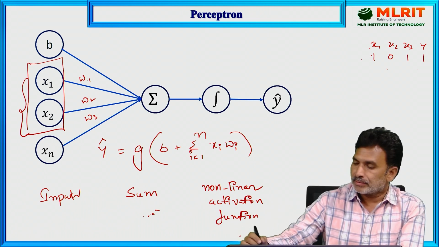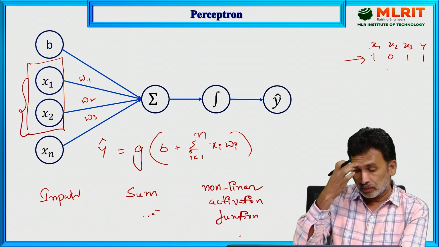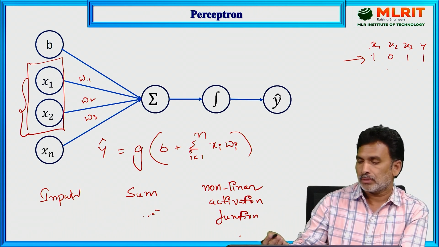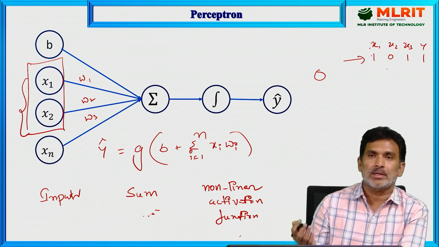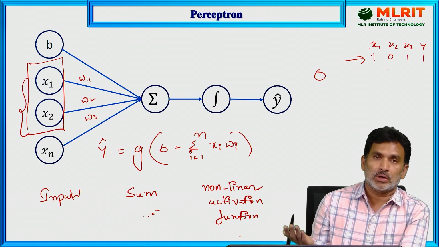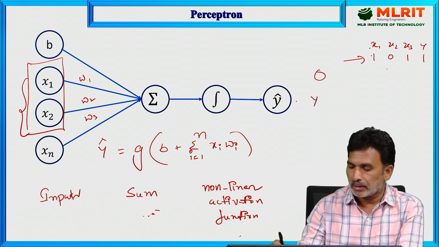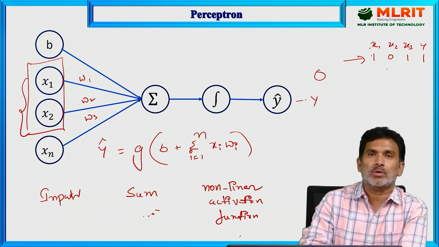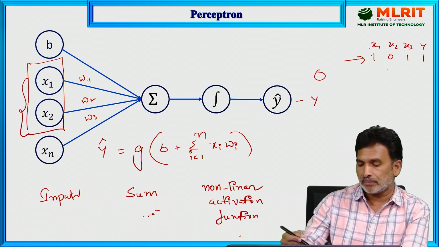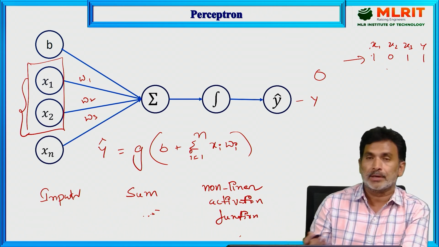So while training on this sample, the activation function produced 0 or some value which is not equal to the expected output, the actual output. So there is a difference between the actual output and the predicted value, that is, the value returned by the activation function.